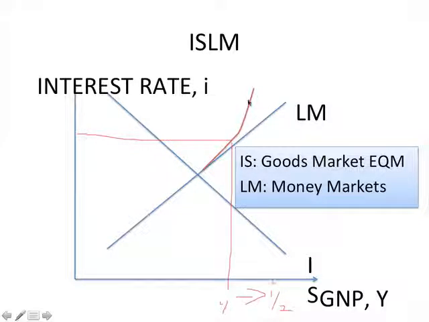Well, that means you're going to have to move the interest rate from 15% to 30% or something. There's going to need to be a really huge change in the interest rate to allow that to happen. And even then you're probably not going to get it. That's why that's curved up like that.